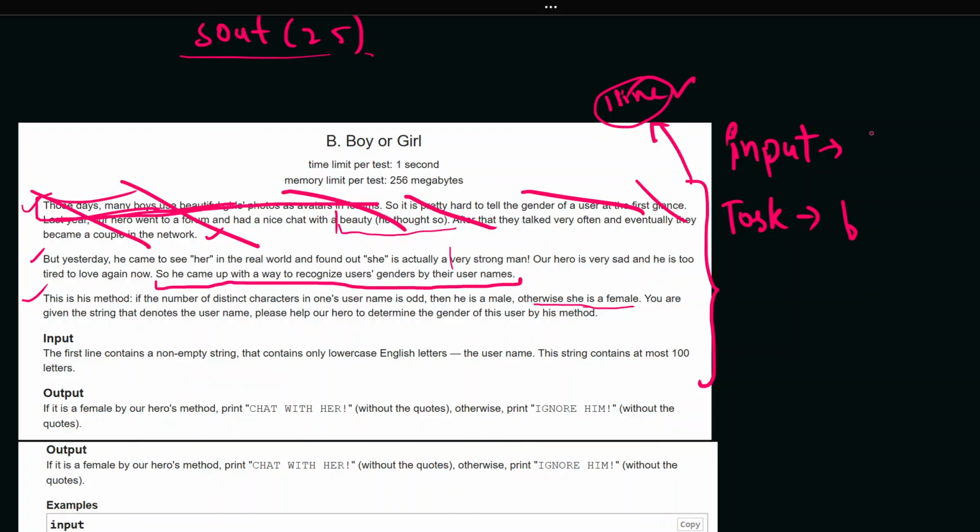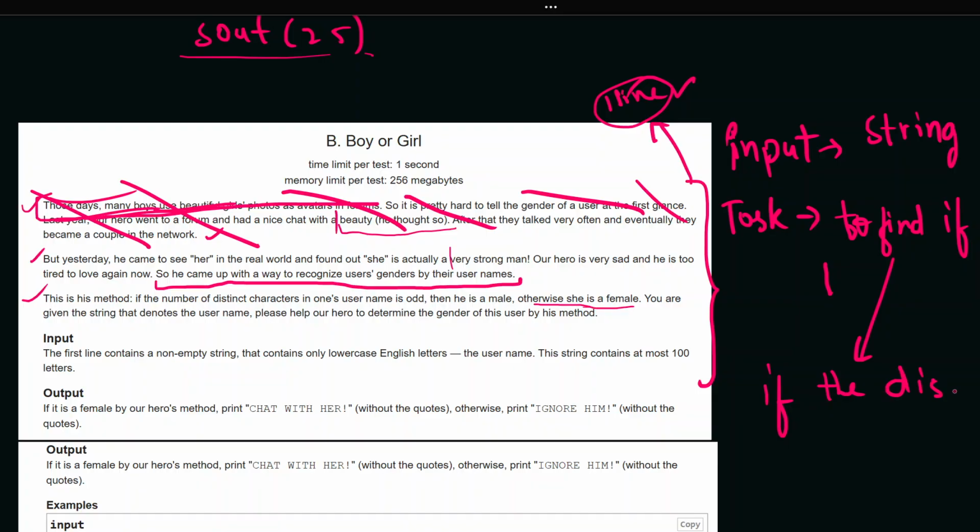Correct. So we have an input of string. I'll write it down like this. We'll have a string input, and the task is to find if the account is he or she. So if it's a girl or a boy, correct. So further, if you read it again, the number of distinct characters in one's username.